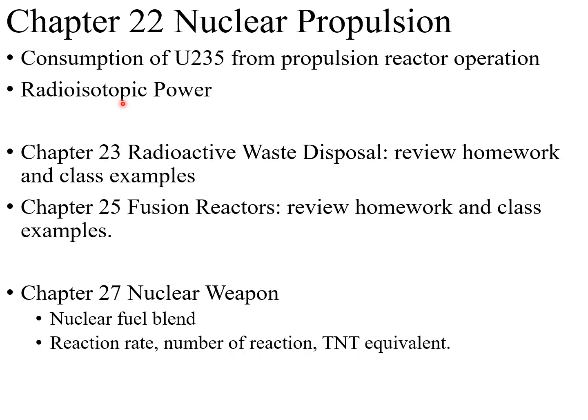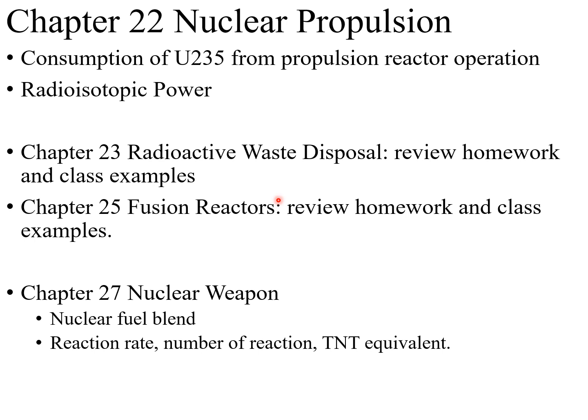The following chapters do not introduce new equations, but give you some concepts for different scenarios. For nuclear propulsion, you need to know how to calculate the consumption of uranium-235 from propulsion reactor operation. Another topic is the radioisotopic power. For chapter 23, radioactive waste disposal and fusion reactor, you just need to review the homework and the class example.